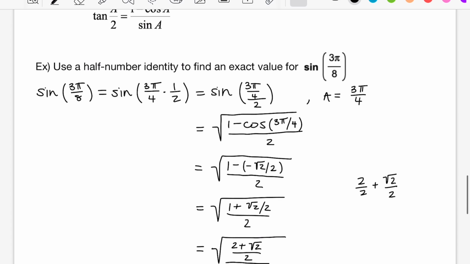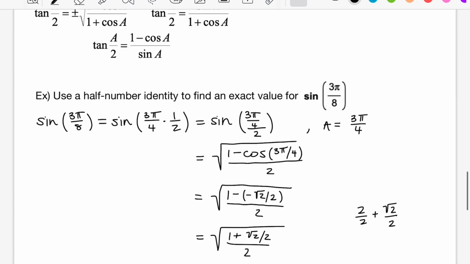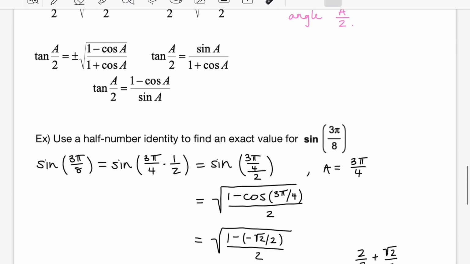So we're going to do the same thing here. We're going to use the identity for tangent. So that'll be this guy here. We'll use 1 minus cosine of A over sine of A. We could also use this guy or this guy, but these two might result in more complicated calculations.